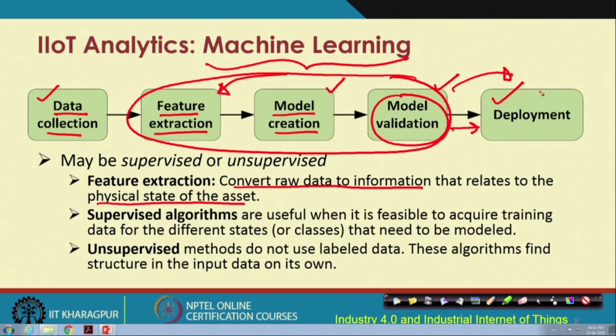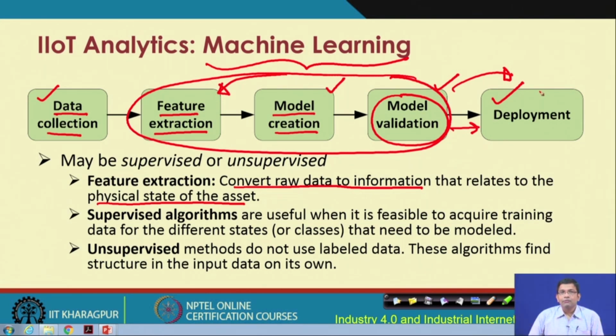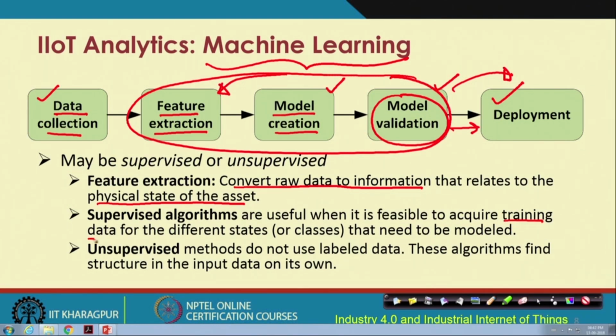In a nutshell, supervised algorithms of machine learning are the ones where there is some kind of training data of different sets already available, and you use that past historical training data in order to come up with your models. So, models will be created based on these training data, and then these models could also be validated using other sets of data. So, supervised learning basically uses training data.